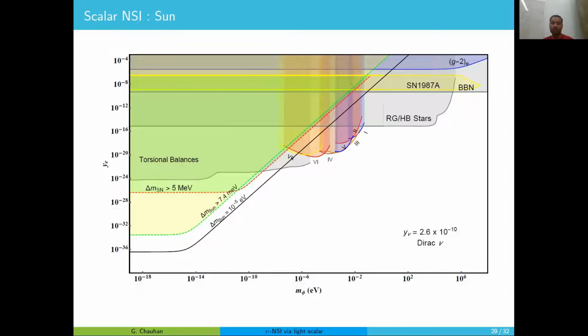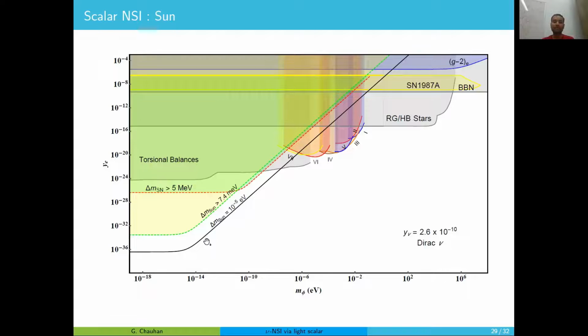Moving on to the case of sun, we see that this effect is proportional to m phi for the case of large coupling and large mediator masses. And in the naive case, where you would not take into account the finite size of the medium, you would expect that this line would just go straight down, so it can be as high as possible, because it's a constant contour line for the scalar NSI, but the couplings and the masses can be low.